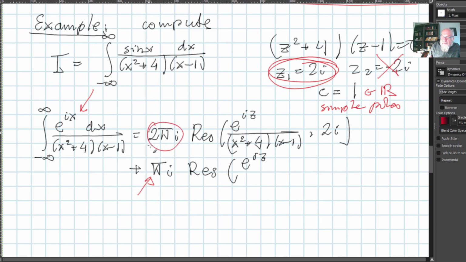And this is (z squared plus 4)(z minus 1) at the point 1. So let's compute it. The first residue you can almost do in your memory. So what do I get here?